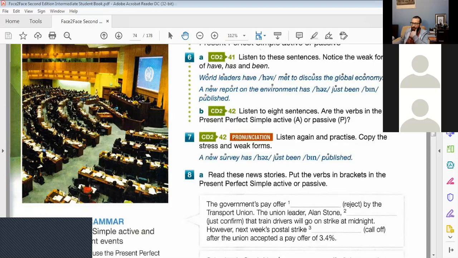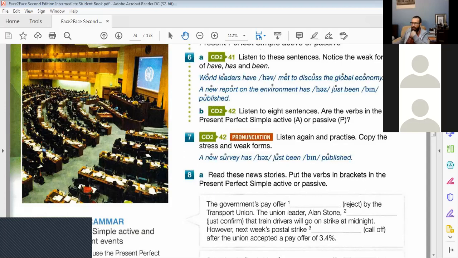5. The government hasn't met its targets yet. Active. Correct. 6. The targets haven't been met yet. Passive. Yes. That's correct. 7.